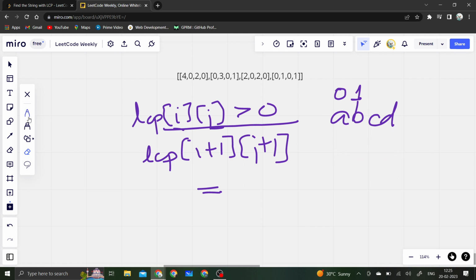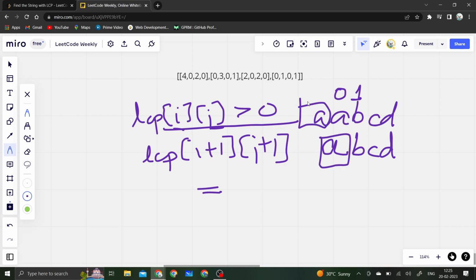Let's say we had a string A, B, C, D, and now we are considering 0, 1, right? A, B, C, D we will get. So if you see this and this, that is 0, 1 of this particular LCP. If it is 1, right, it is greater than 0, then if you see the next character will be less than that by 1, because these two characters were same.